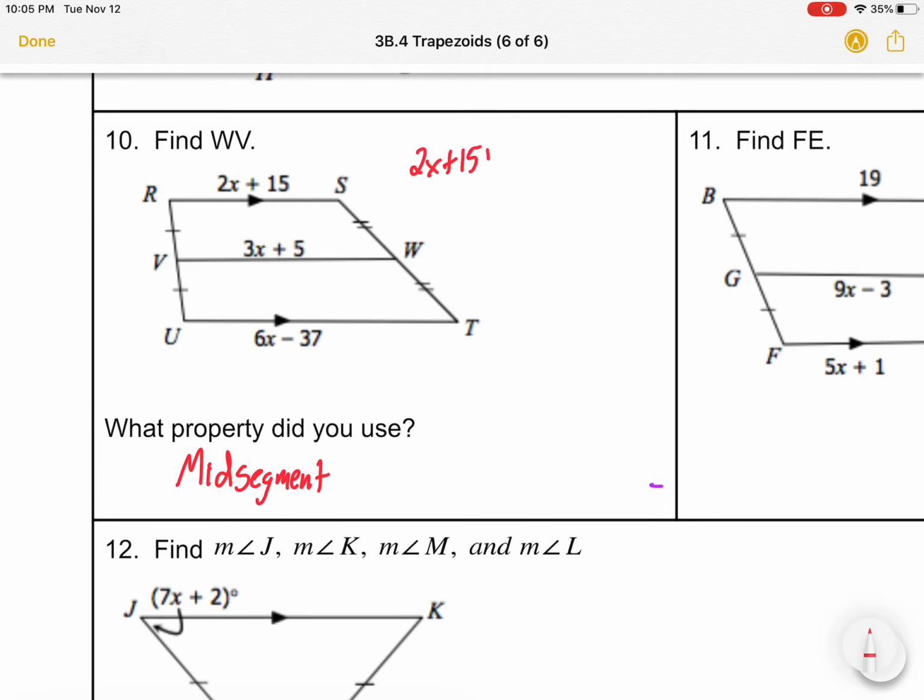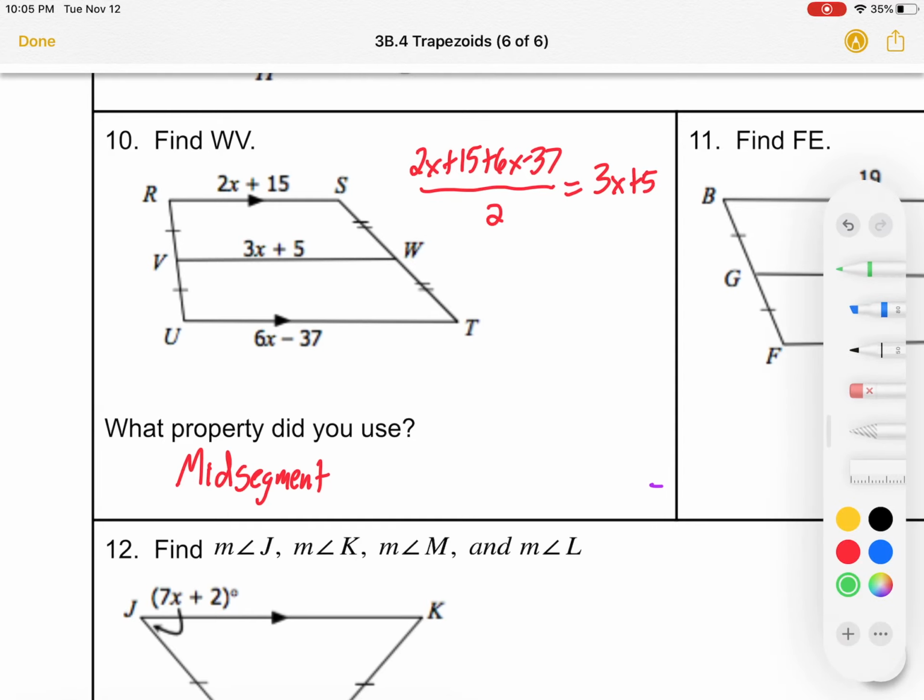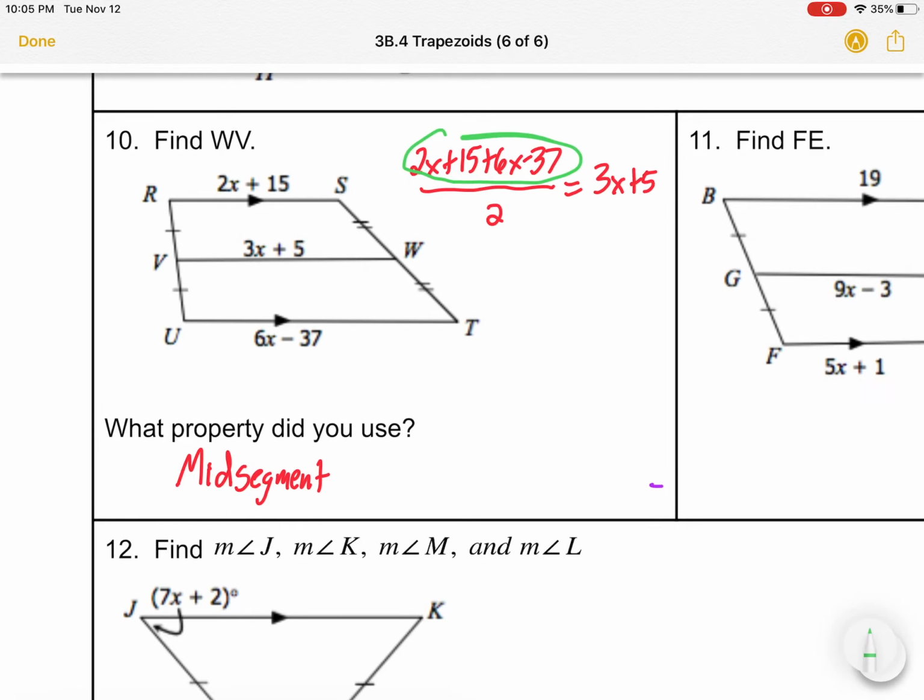So 2x plus 15 plus 6x minus 37 divided by 2 equals 3x plus 5. Before you do anything, you need to combine the top, the numerator. So that would be 8x minus 22 over 2 equals 3x plus 5.